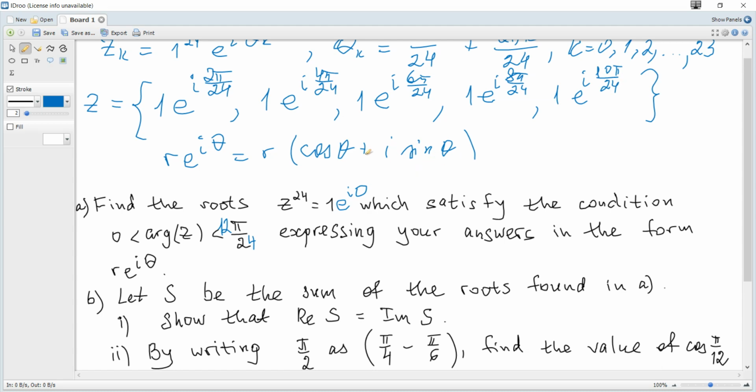And the imaginary part will be sine of pi over 12 plus sine of 2 pi over 12 plus sine of 3 pi over 12 plus sine of 4 pi over 12 plus sine of 5 pi over 12, and everywhere r is 1 and we don't write 1.